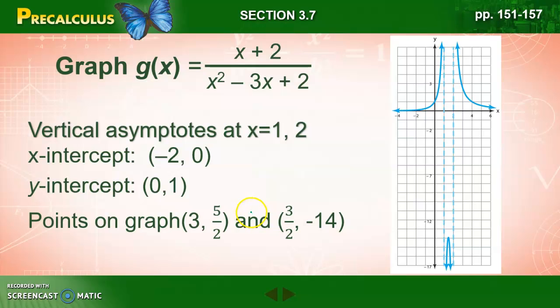We need to make sure that we use the x-axis as an asymptote as well, because we've talked about before that horizontal asymptote. The x-axis is always a horizontal asymptote for a proper rational function. This is a proper rational function because the numerator's degree is less than the denominator's degree, so we're going to not cross that x-axis either.